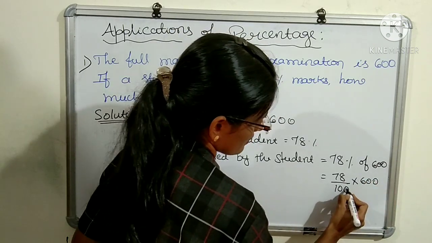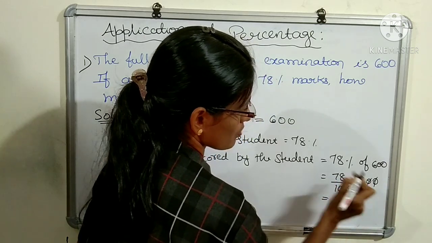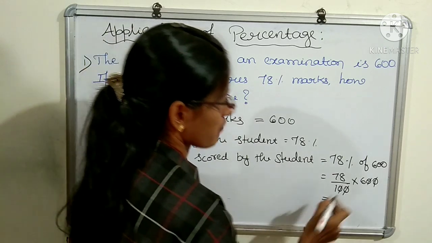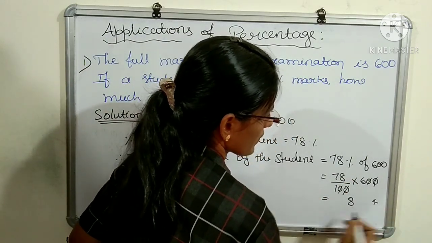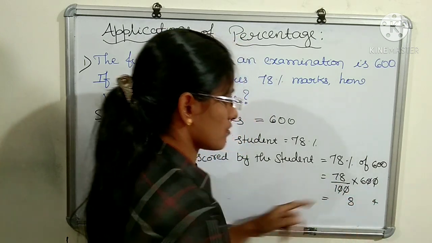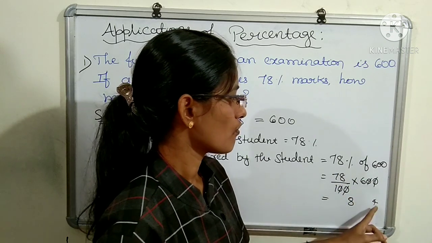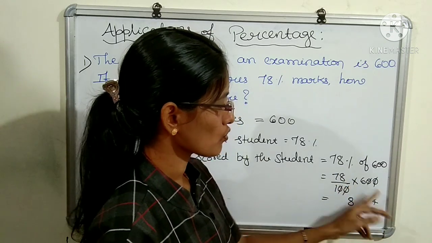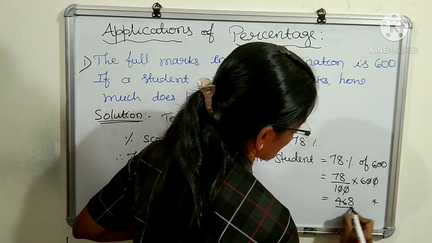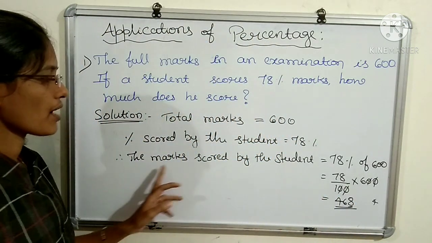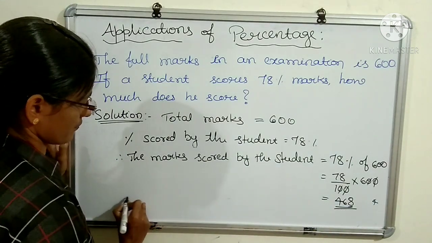Here simplify. 0, 0 cancelled. 78 into 6. 8 6s are how much? 8 5s are 40. 8 6s are 48. 4 remaining. 7 5s are 40. Sorry, here 7 6s are 42. 42 plus 4, how much? 46. 468. Therefore, the marks scored by the student, how much? 468.